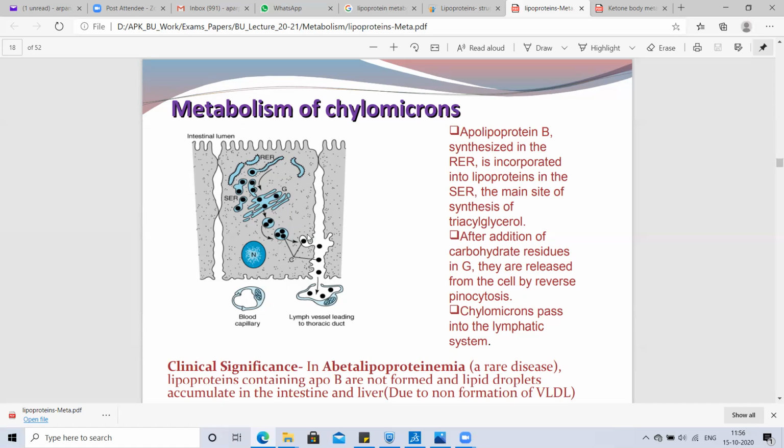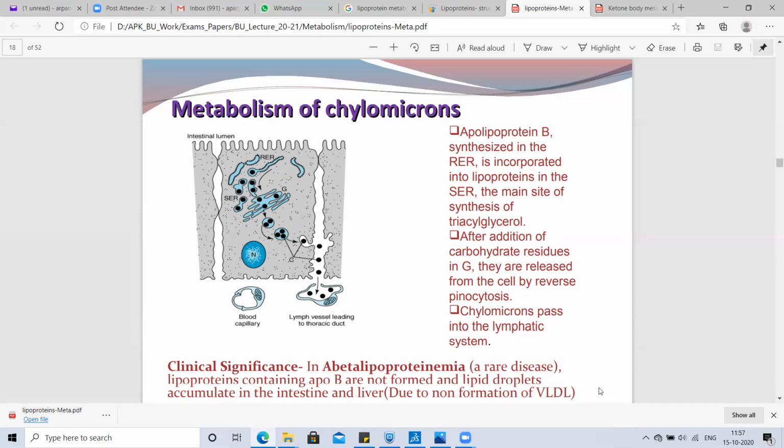Through exocytosis these come into the lumen, and from here they enter the lymph vessel leading to the thoracic duct. So this is overall the process of synthesis and transportation of chylomicron.